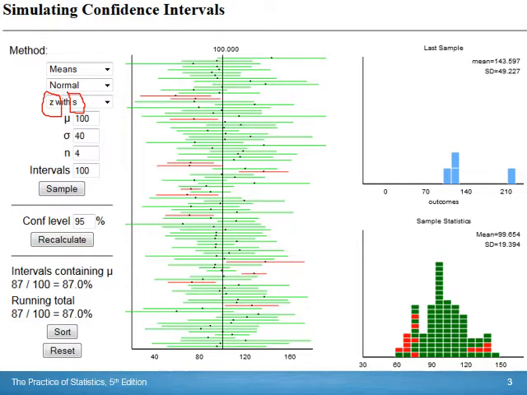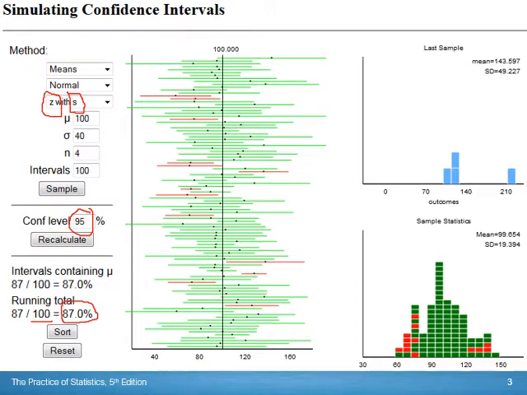All right, so let's look at what happened here. We have a confidence level of 95%. We created 100 samples. We would expect to capture the mean in those confidence intervals from those 100 samples 95 times, but we got an 87 capture rate. So we only captured the mean 87% of the time if we look at these 100 confidence intervals.